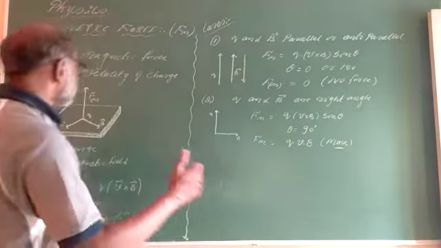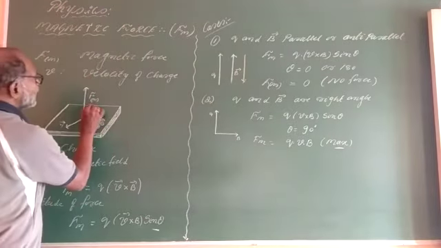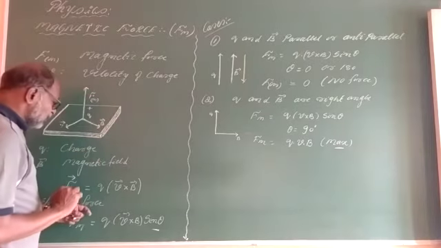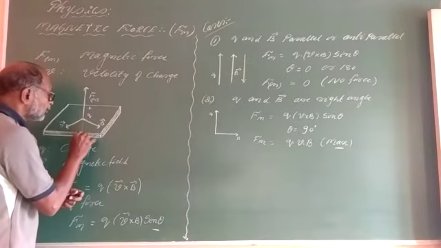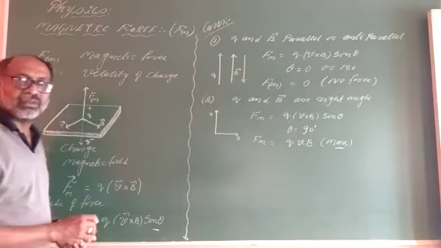Then let us consider this is a positive charge moving in this direction, which is considered plus. If it is moving downwards, it will become minus. We consider this as minus.